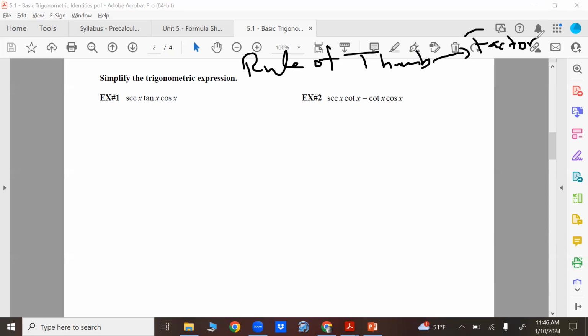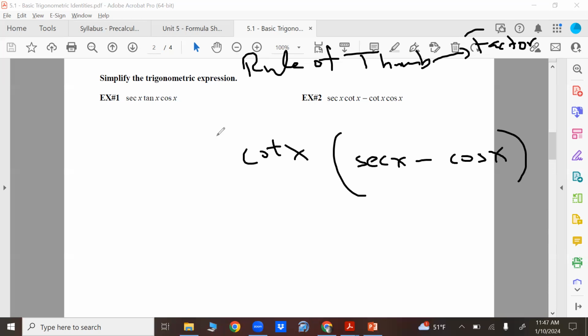Whenever there's a minus or plus in between expressions, factoring will be a possibility. So look for it. Is there something common between both these expressions? Pull it out. So you pull out cotangent x, and you got this. That might make things a little easier for us. I think it would still have been okay if you didn't. It just means you're doing a little more substitution, but I think it might make things easier.